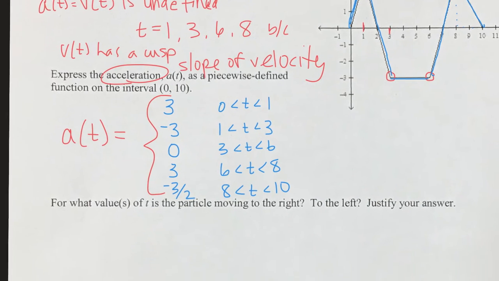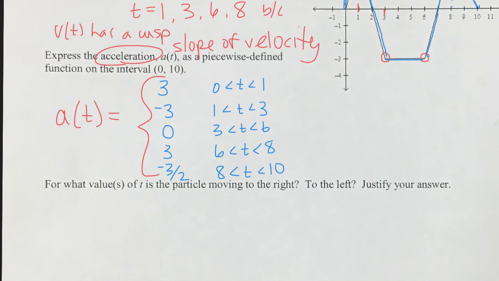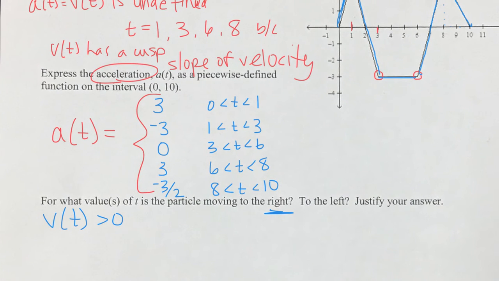Now our next question is about one of our commandments. When is the particle moving to the right? That happens when our velocity is greater than 0. Greater than 0 from a graph means everything above the x-axis. Everything above the x-axis is where our velocity is positive.